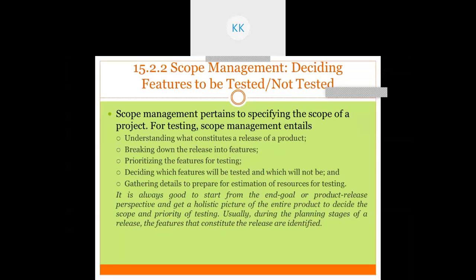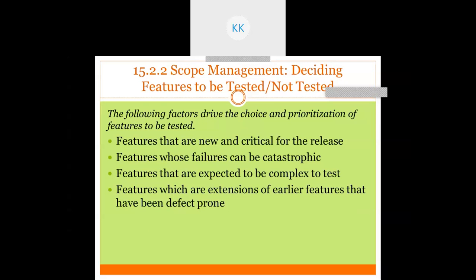Then gathering details to prepare for estimation of resources for testing. Then deciding features to be tested or not. The features that are new, you need to decide on that also.